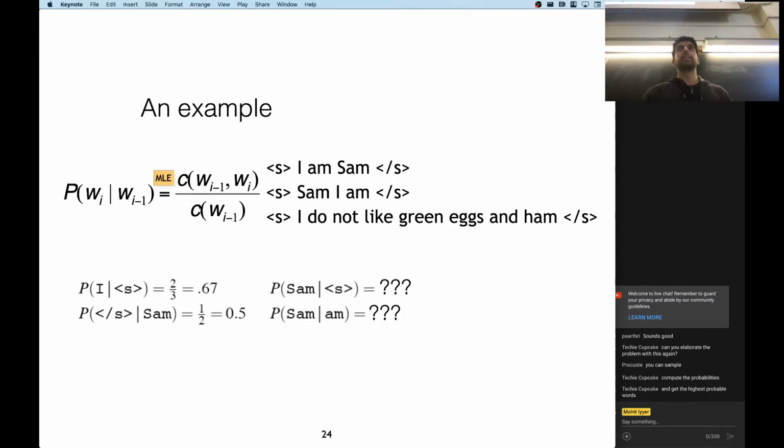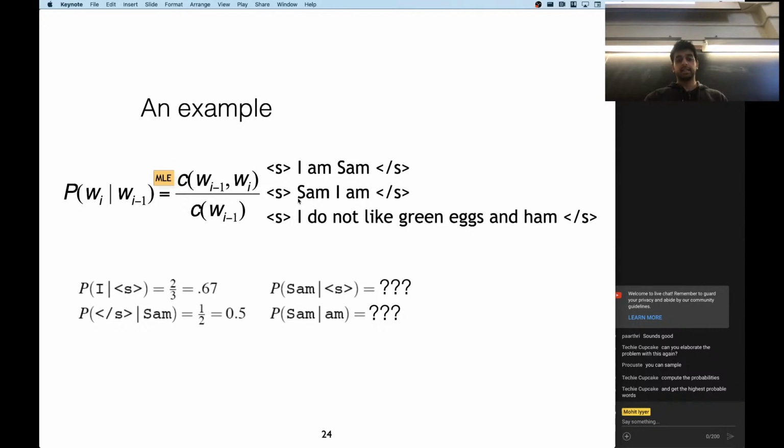So let's get back to the simple bigram model. If I want to know the probability of I, given the start of sequence symbol, I can just count up all occurrences of the prefix, the start of sequence symbol. I have 3 of those, and I see how many times after the start of sequence symbol the next word was I. In the first case, I have 1 positive count.